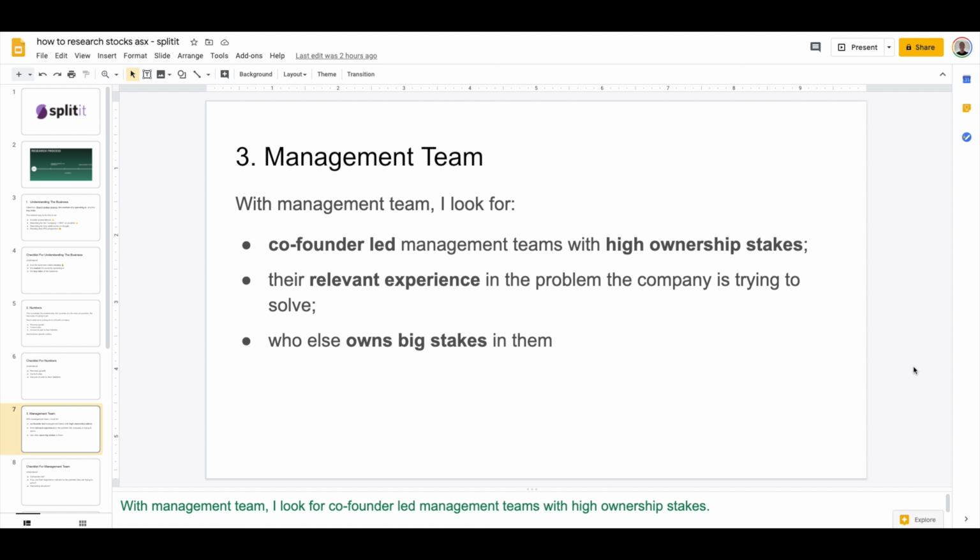Now the last thing, and definitely not least, is looking at the management team. When it comes to the management team, I try and focus on the co-founders because that's really where everything starts. It's a personal preference that I prefer a co-founder-led company only because no one is going to work harder than a co-founder.